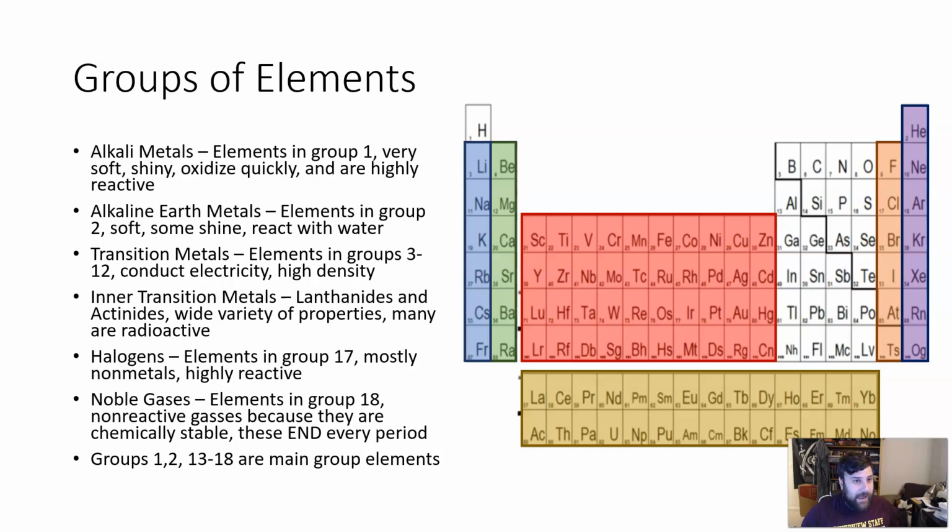So mind you, the reaction that you saw with calcium and water, what would you predict about the two elements below it? How do you predict strontium would react with water? And how do you predict barium would react with water? Based off of what you've already seen in terms of calcium and magnesium reacting with water.